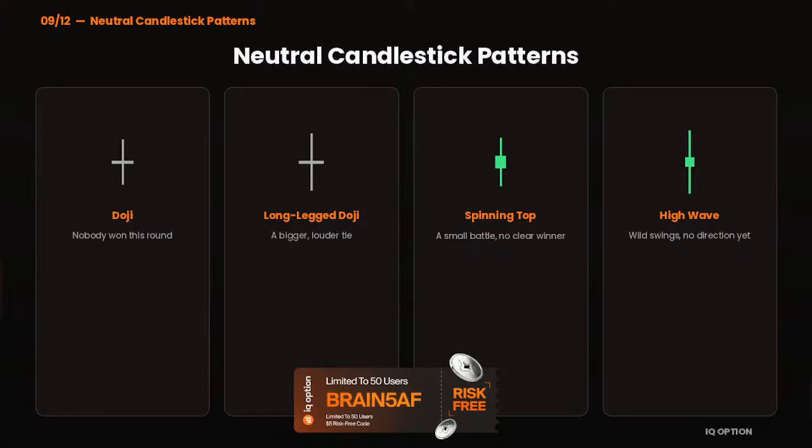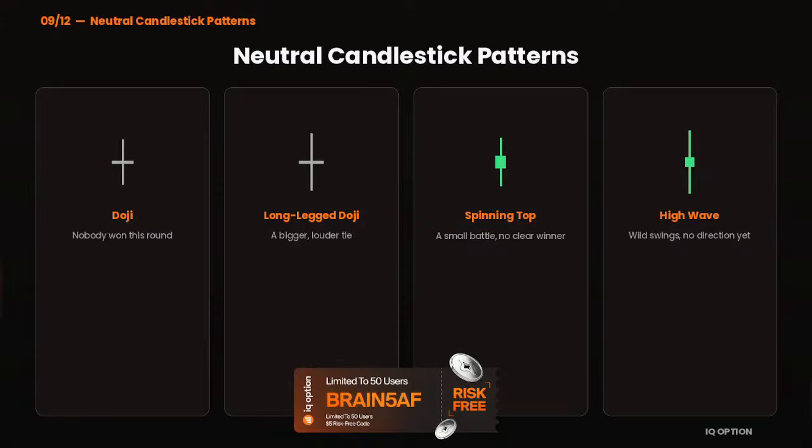Then the next in line is the spinning top. A spinning top is a small body with wicks on both sides, on top and beneath it. And those two wicks are roughly similar in length. You can measure them and they are roughly similar in length, just like a doji, but it has a small real body instead of almost none.